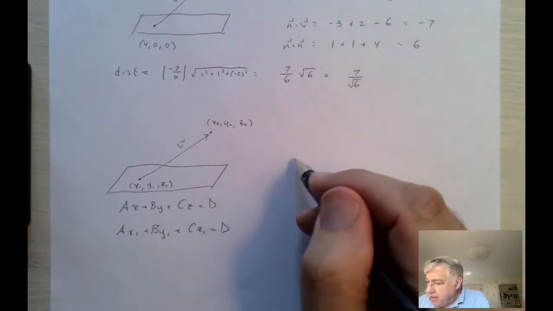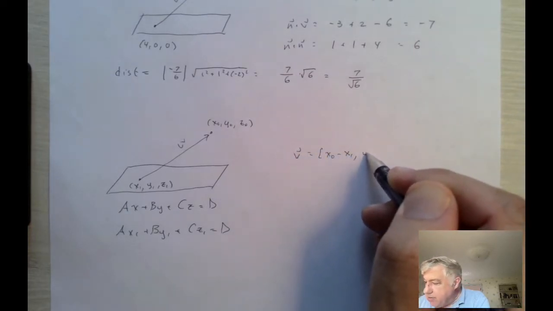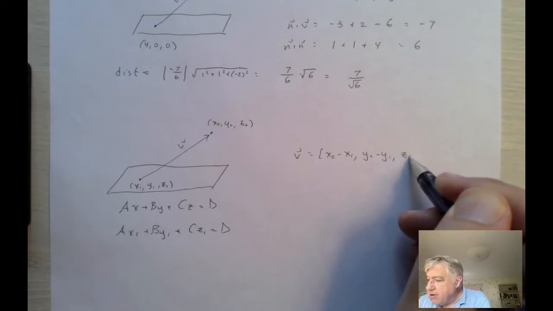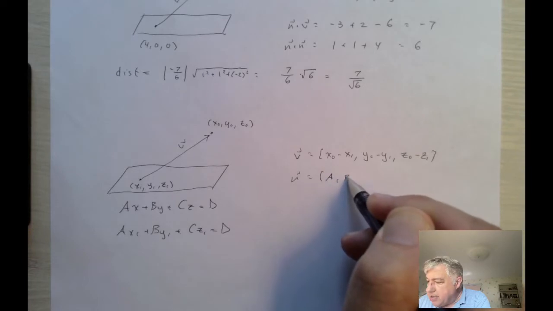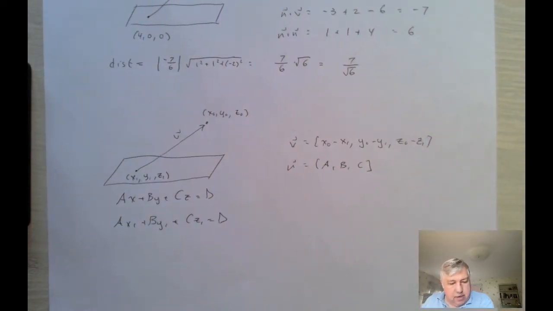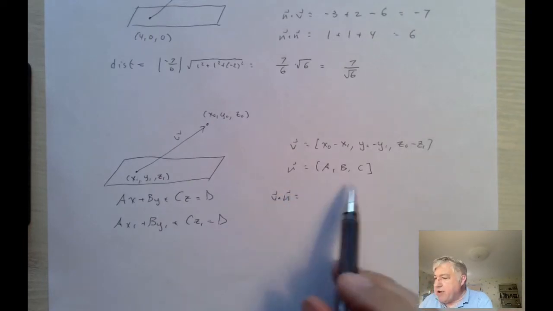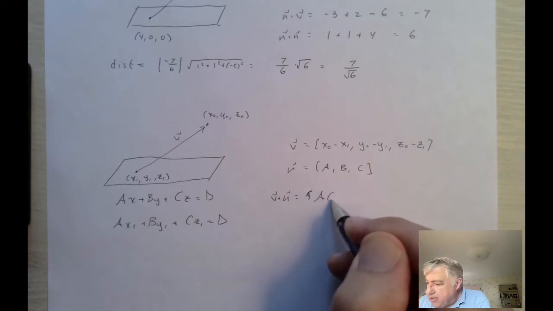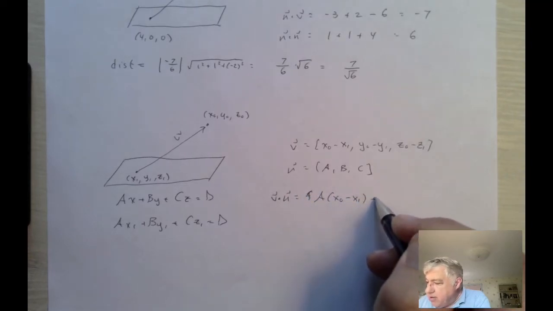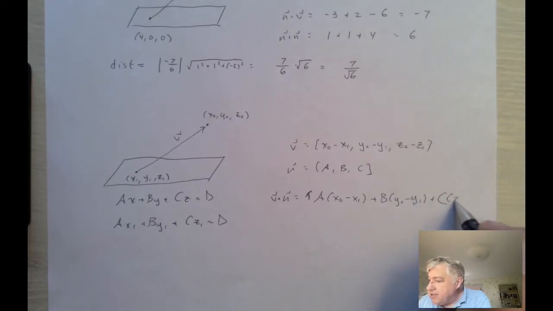So in this case, v is going to be x0 minus x1, y0 minus y1, z0 minus z1, and n will be a, b, c. Then we can use v dot n to derive the formula. v dot n will be a times x0 minus x1 plus b times y0 minus y1 plus c times z0 minus z1.